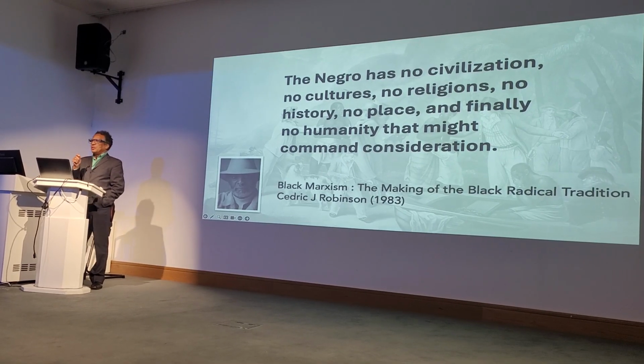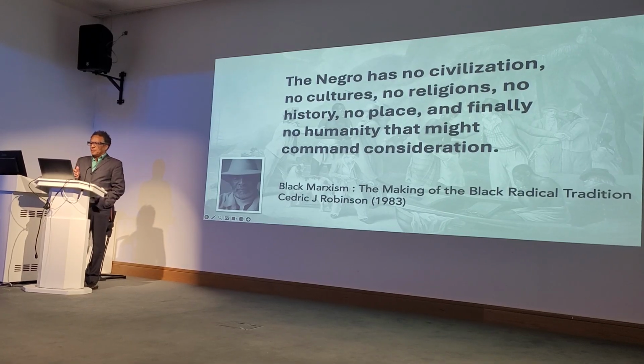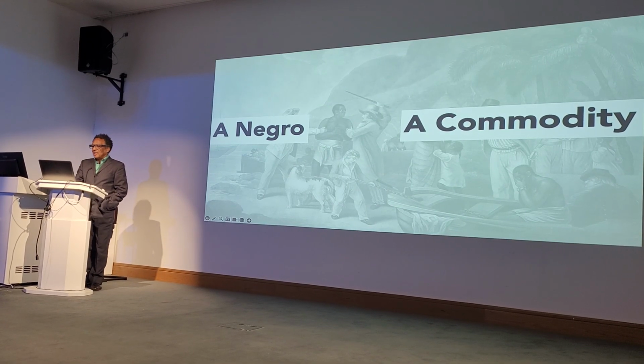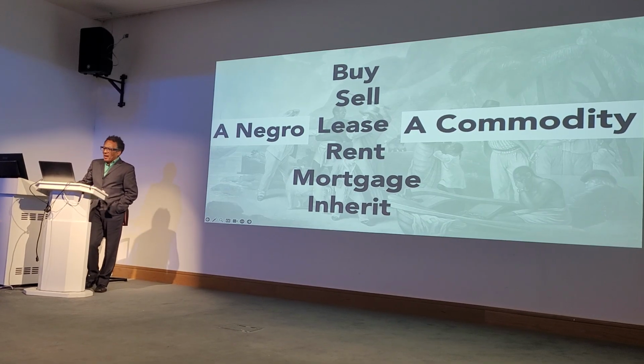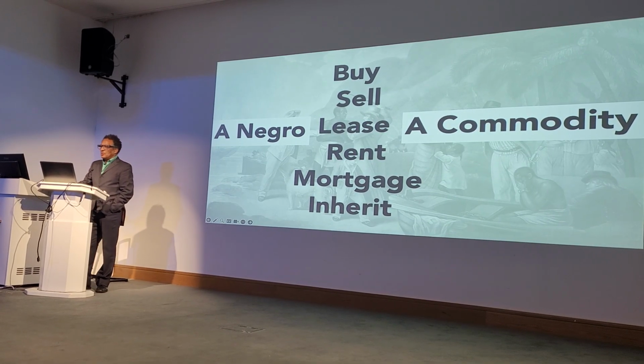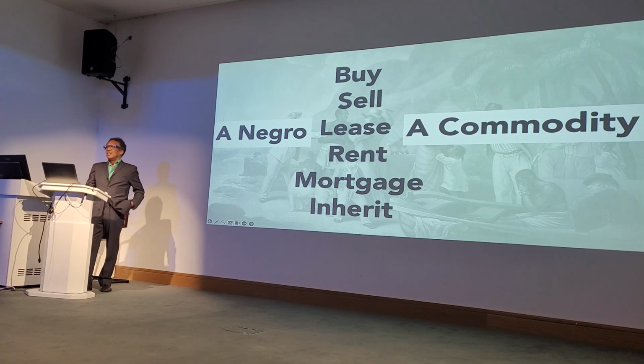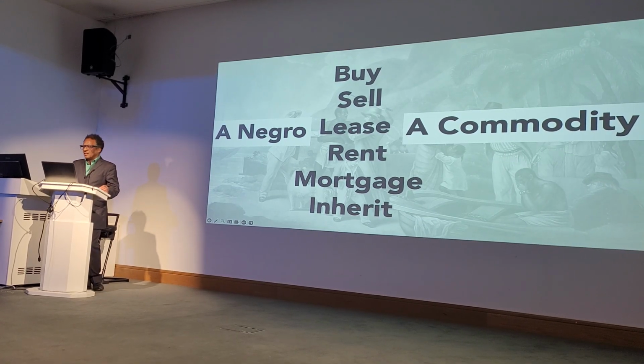This is important because you actually dehumanize people. You create commodities. You create the Negro as a commodity. So this is something you can buy, sell, lease, rent, mortgage, inherit. It's an object, it's a thing.